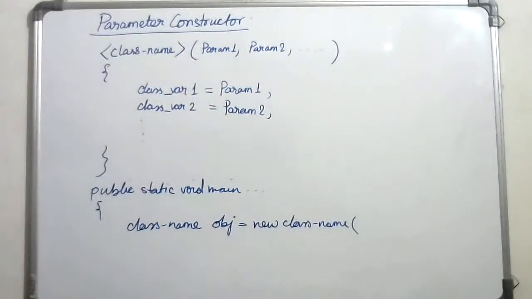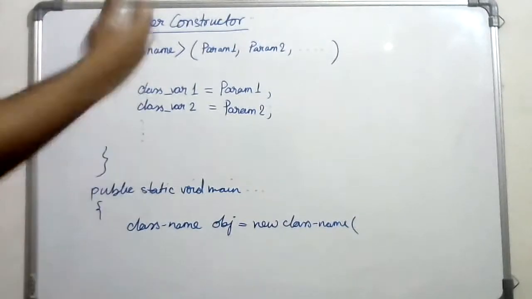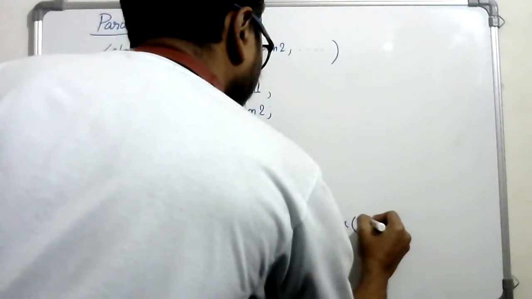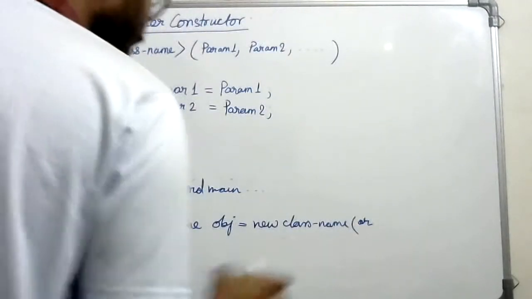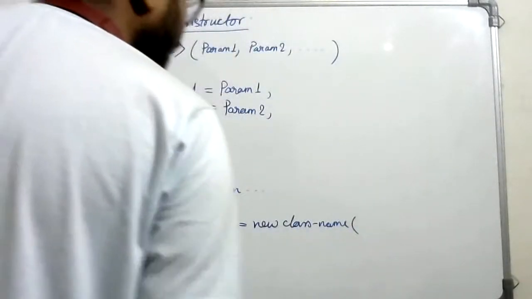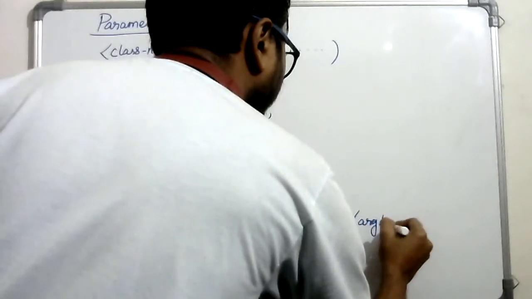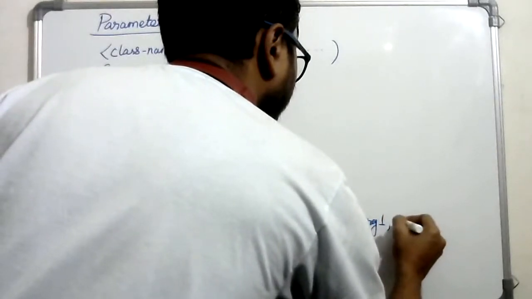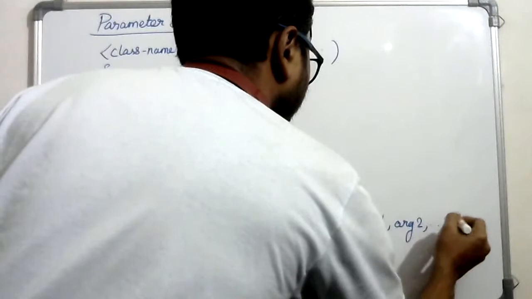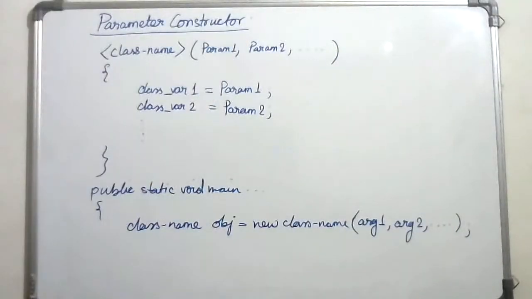Here, instead of empty brackets, I'll just have arguments. So I'll have argument 1, argument 2, and so on. This is just to differentiate between parameters and arguments.